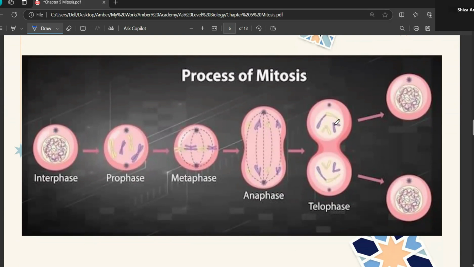I'll let you know the identification points once we are done with the chapter, because if I tell you now it will go over your head. But as far as interphase is concerned, we can see thin thread-like structures. You do not see the X format of DNA, which we talked about yesterday. I told you that the way your DNA is shown in the X format is known as the condensed form.